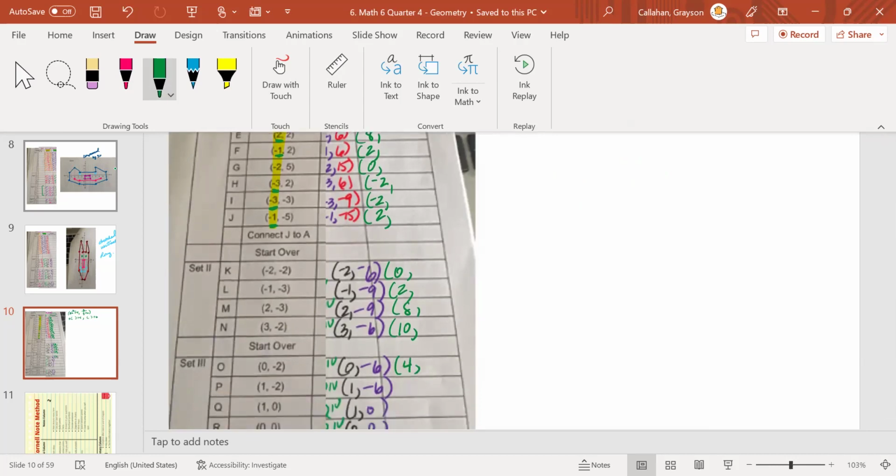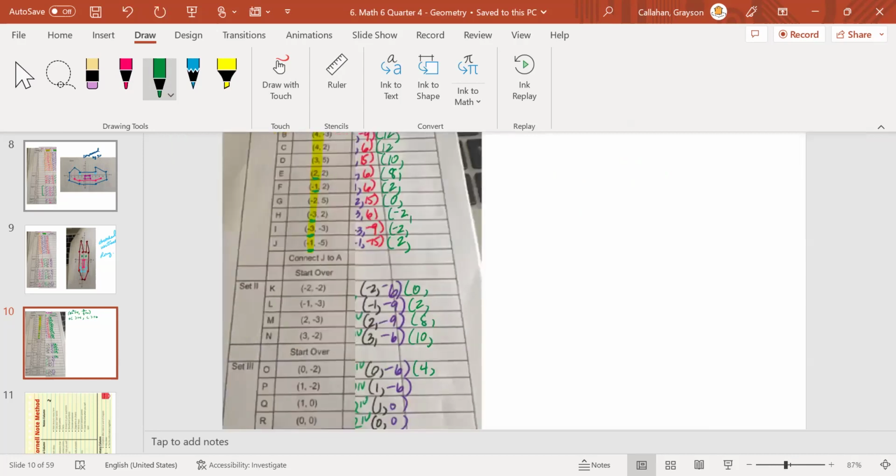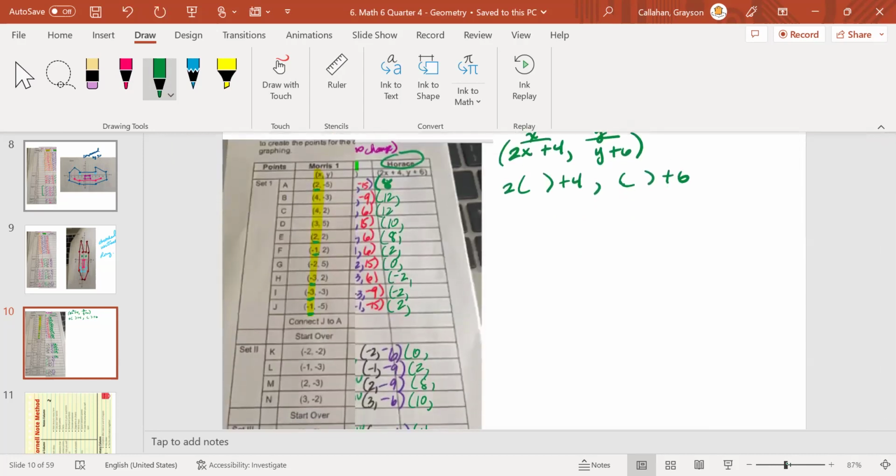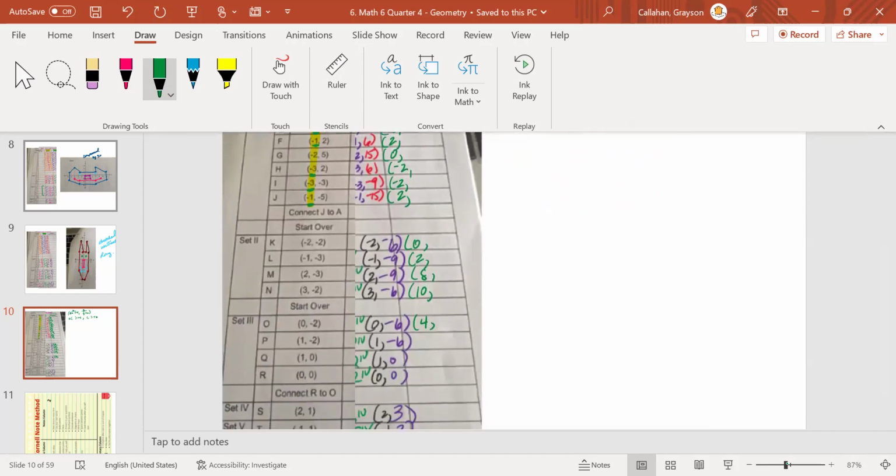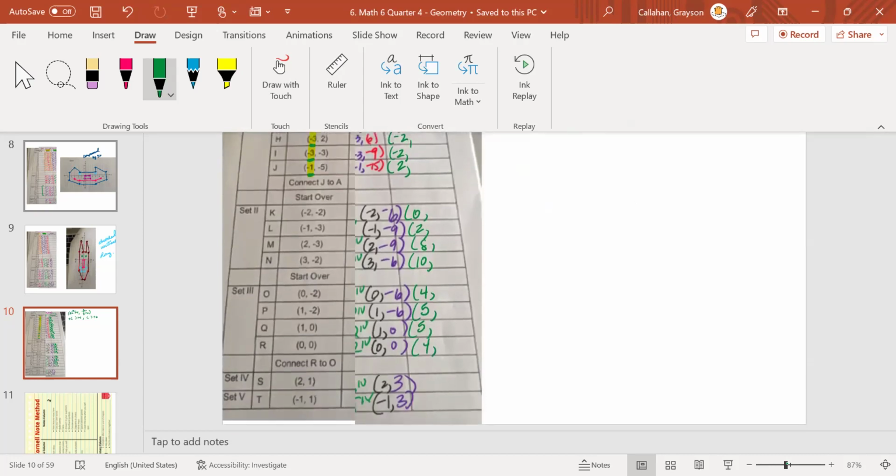And then 1, actually it doesn't have 1. So 1 times 2 is 2, plus 4 is 6. That'll be a 5. That'll be a 4. 2 is going to give you an 8. Negative 1 is going to give you a 2, right?